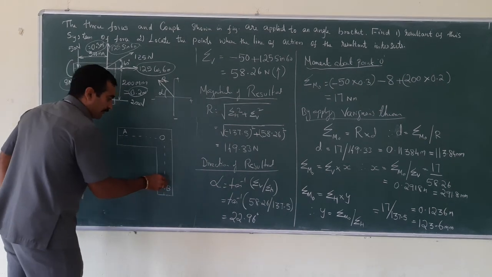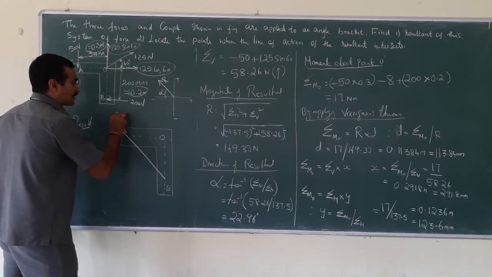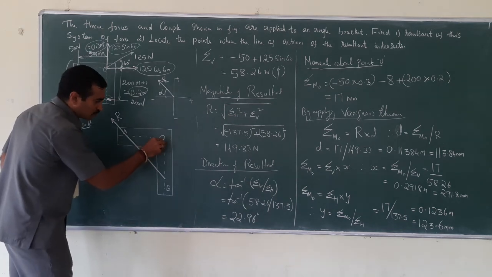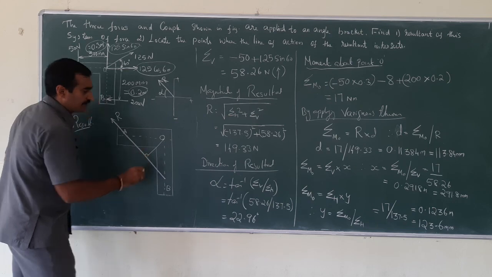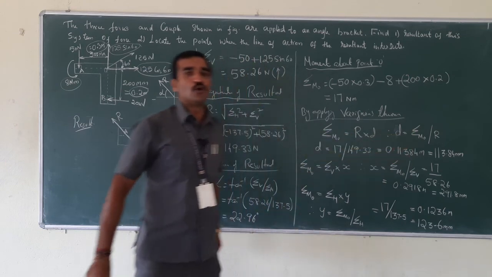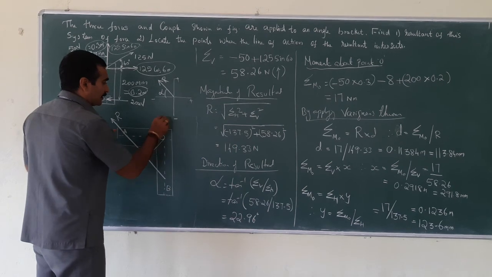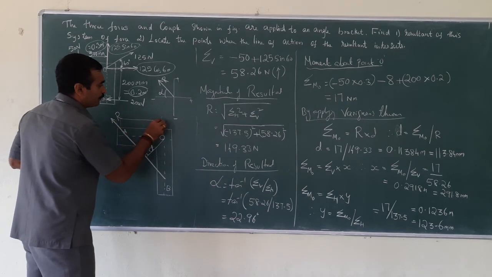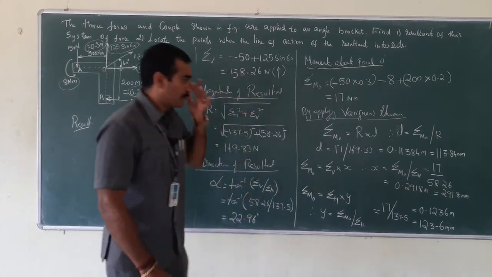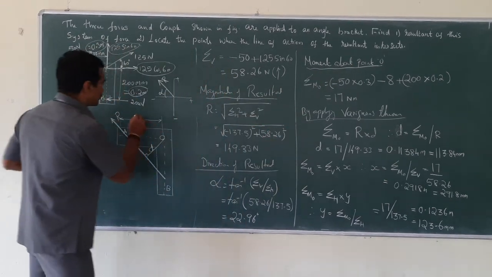So if I draw in this direction, this is the resultant. And its perpendicular distance could be D, which is 113.84 mm. Got it? And its x direction distance should be 0.2918 from the point O. So this could be x.